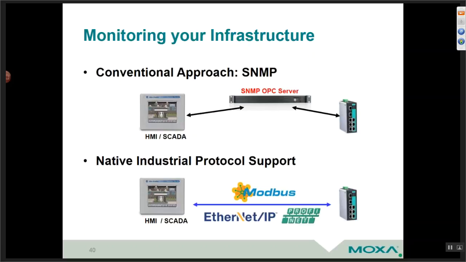The nice thing about Ethernet switches, in particular those that are managed, is that they typically support a lot of these protocols. Some switches will even support tags for Modbus, for example, or Profinet or Ethernet/IP. That means you can monitor the networking side of it through an HMI or a PLC or something to that extent.